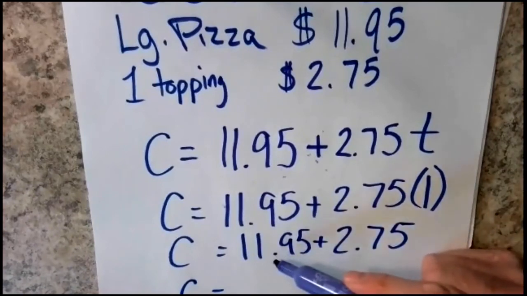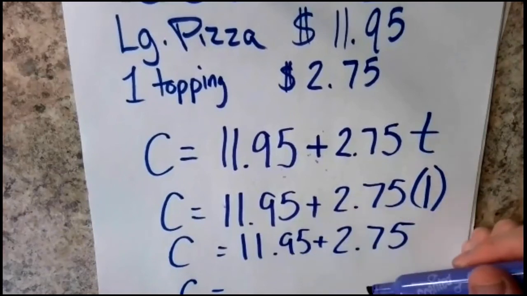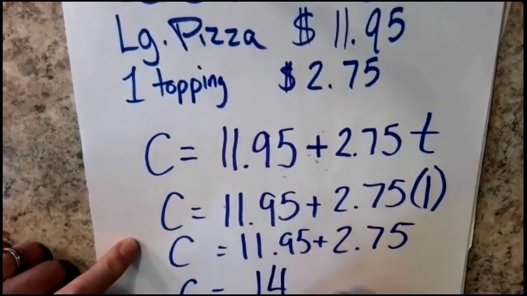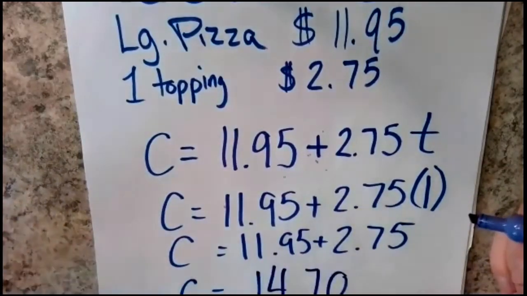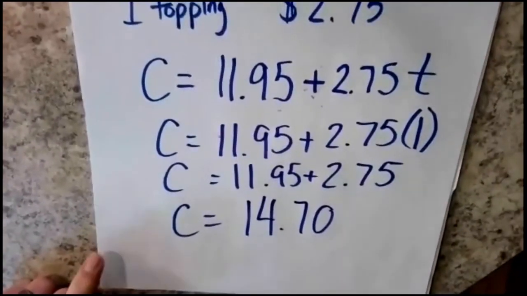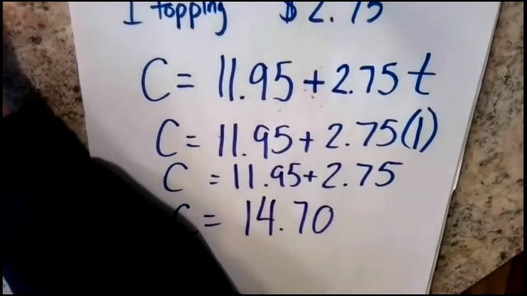Then I got $13.95 plus my 75 cents. So take that 5. So that gives me 14. And that leaves me with 70. So the total cost of a large one topping pizza at Red Swan is $14.70. That's great.